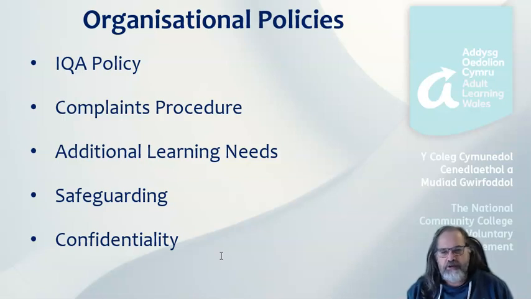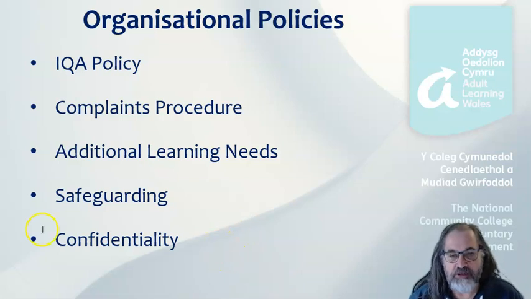Complaints procedure, being aware of what the complaints are, knowing how to help your learners identify those and complain against an appeal decision. Additional learning needs, know what your organisation's are, direct them to the ALNCO specialist. It's the same for safeguarding and confidentiality. All of these policies you're going to need on a daily basis, and especially in assessment and assessment decisions.